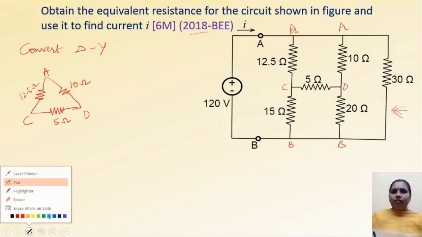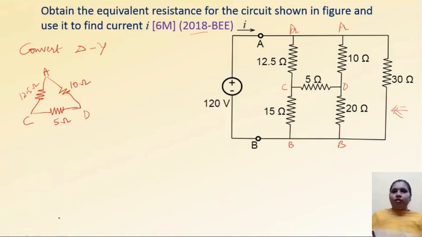This delta into star. Let me take another color. So this delta I need to convert into star. Okay, this delta I am converting into star. So what is this resistor? As it is A, it will be RA, this will be RC, and this will be RD.